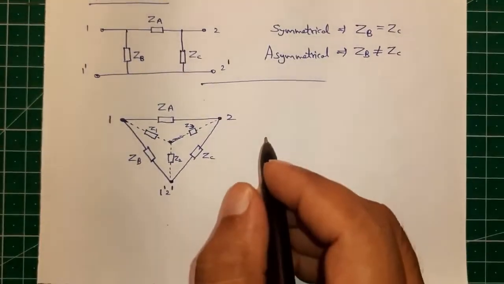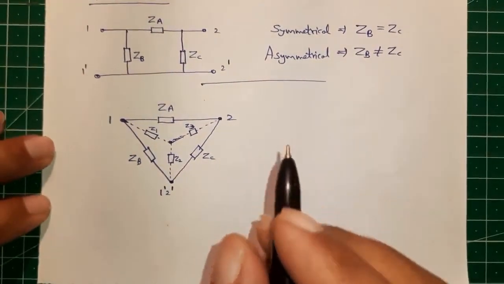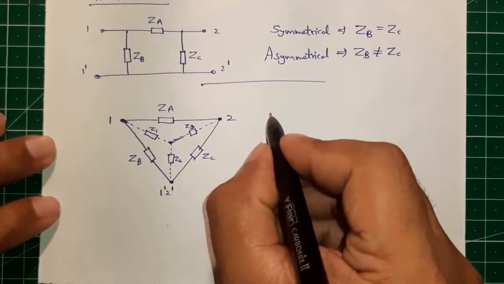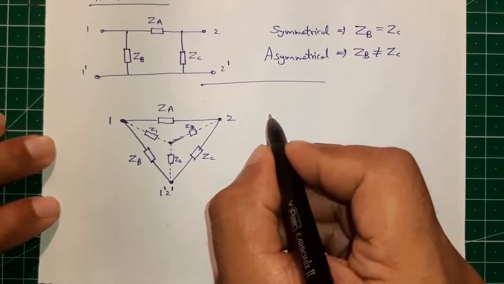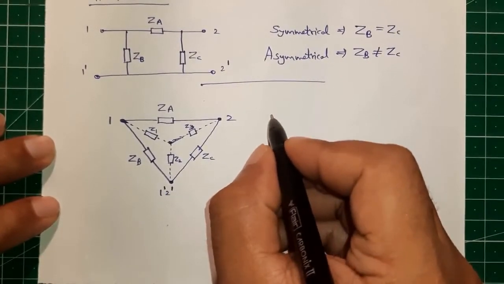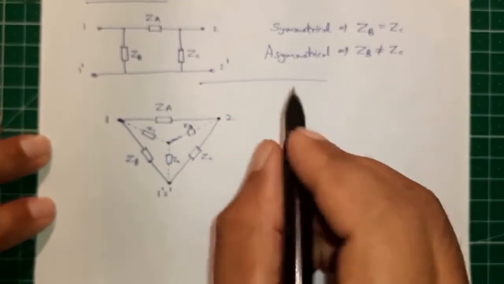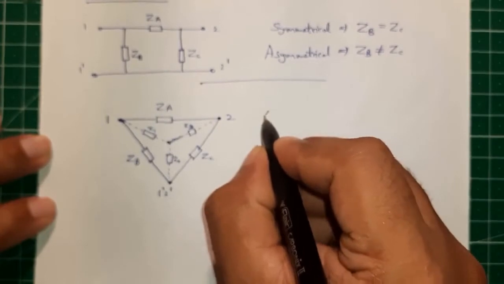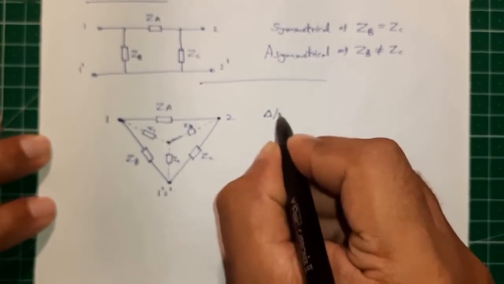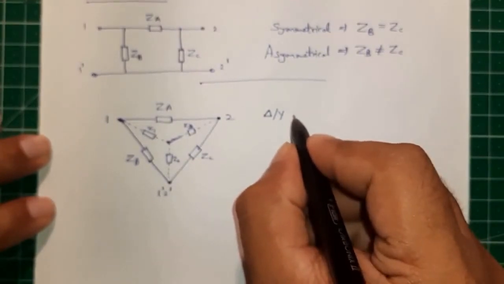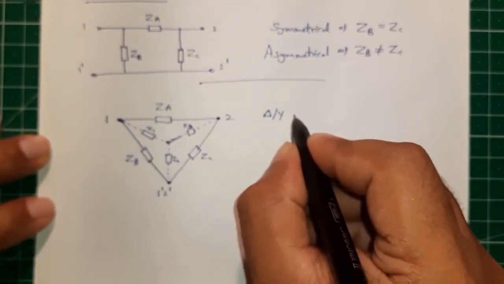So why is this drawn? This is drawn to show that we can convert from a T network to a pi network, or a pi network to a T network. So the pi network, that is delta star transformation, which we have already derived in an earlier class.